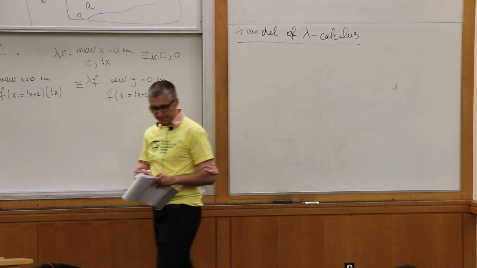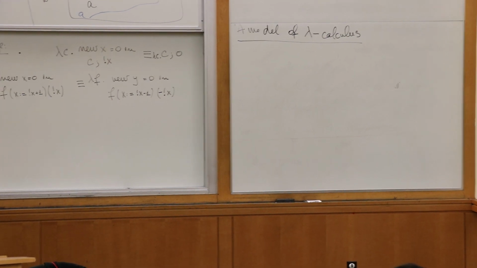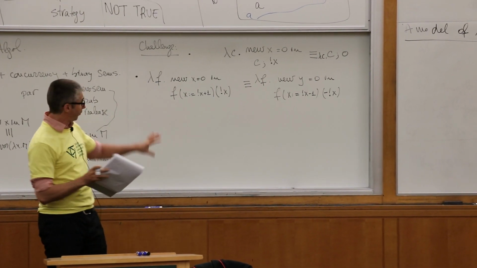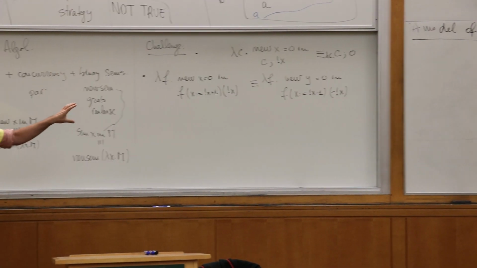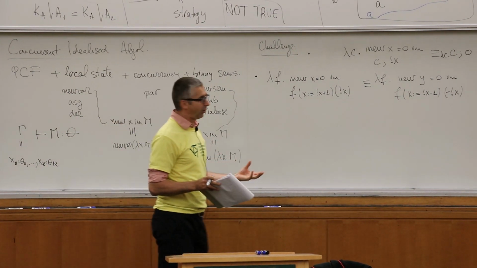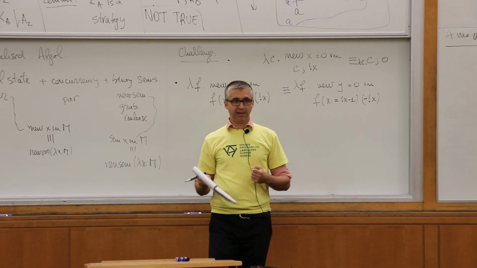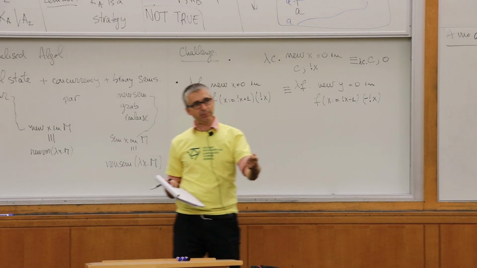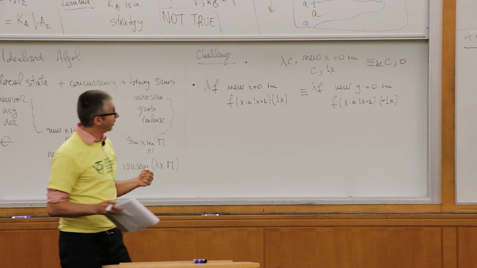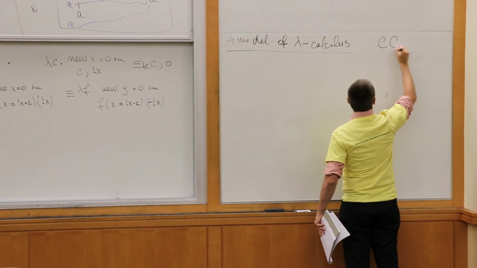Does any of you happen to know what is the categorical recipe to have a model of the lambda calculus? What is it called? You have a category. We already have composition, which is associative, and an identity, and that's called a category. When is a category a model of the lambda calculus? When can it give you a recipe to interpret the lambda calculus? Cartesian closed. Yes, so it's called a Cartesian closed category. Thank you.